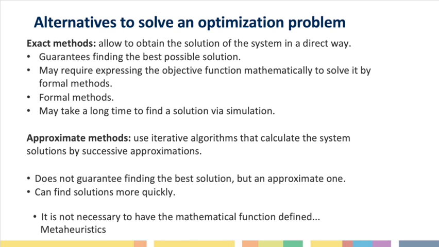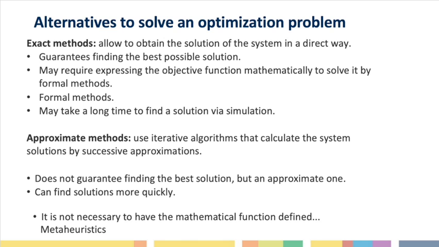And this could complicate things when we are using a function based on machine learning, where most of the methods used there are black box methods. It's not so easy to approach them mathematically. Therefore, it's not going to be easy to find a mathematical solution based on formal methods.